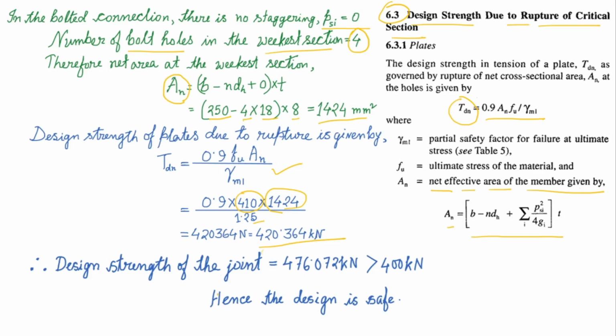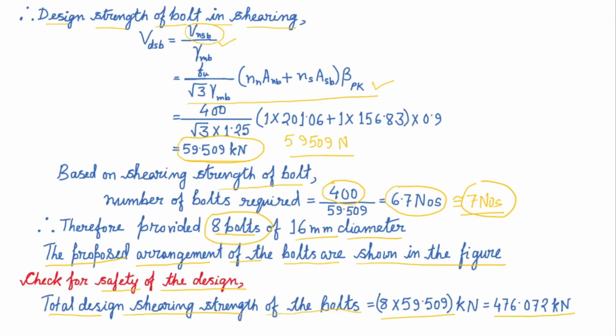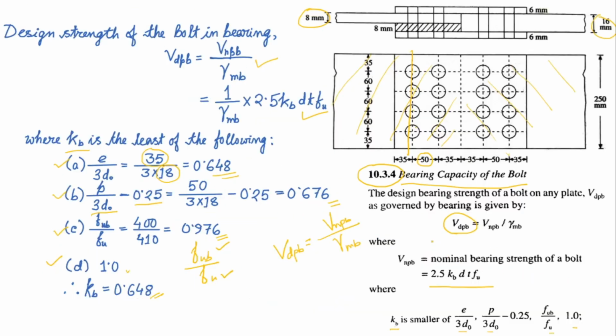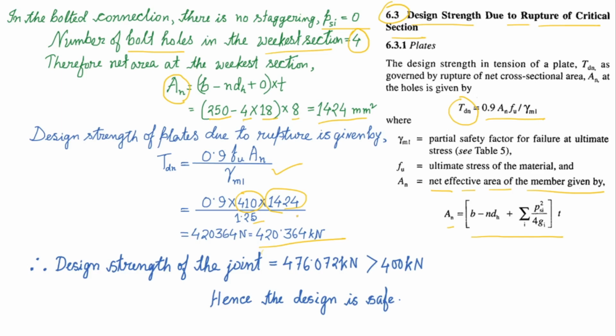Now design strength of the joint. So design strength of the joint is the least value among the total design strength of the bolt in shearing, which is calculated as 473, total bearing strength of the bolt calculated as 530, strength of the plate in yielding calculated as 454, and strength of plate due to rupture calculated as 420.